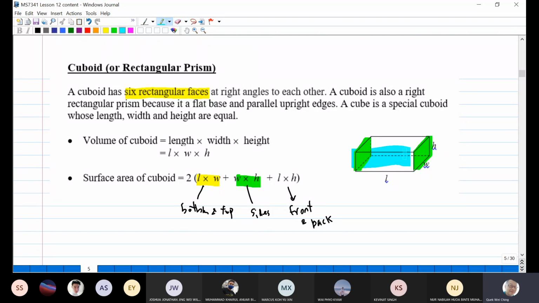Okay, front and back. There are 2 pieces each, so that's why times 2. Okay, so this is about the cuboid: how to find the volume of a cuboid and the surface area of a cuboid.